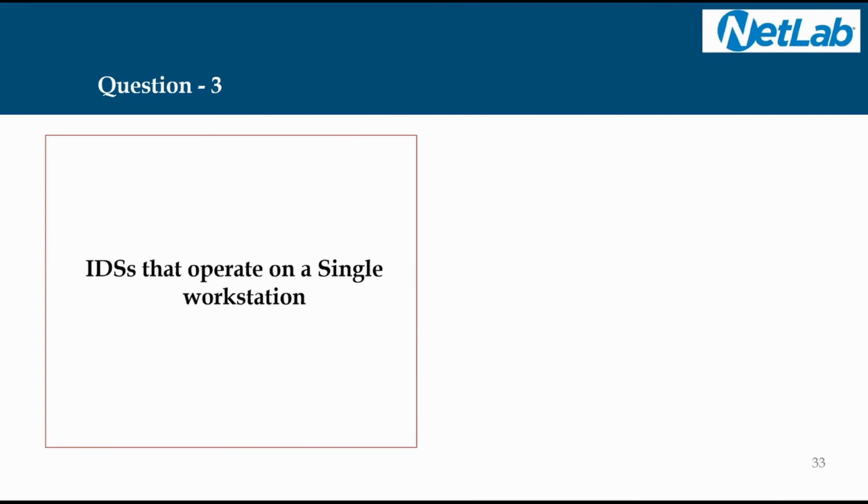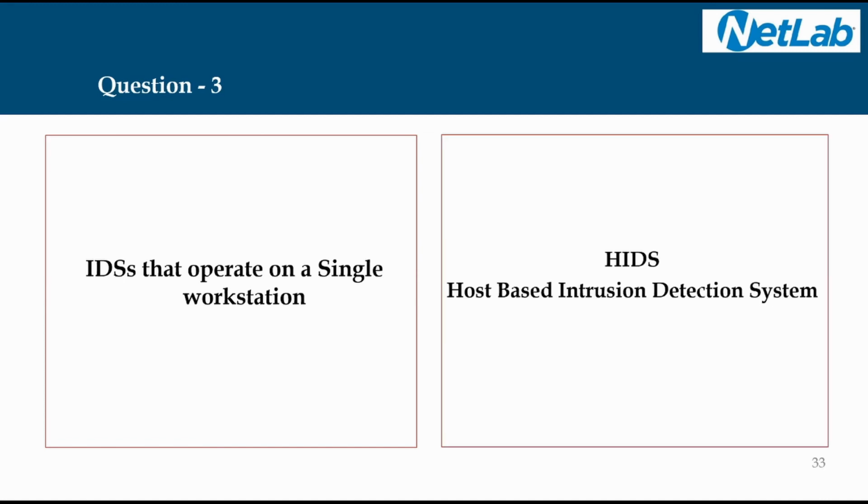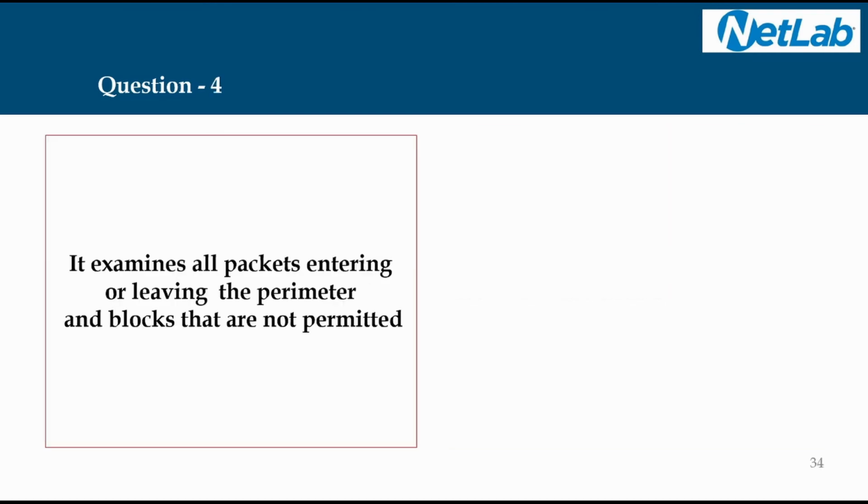Question number 3. IDS that operates on a single workstation is known as HIDS, host-based intrusion detection system. Question number 4. It examines all packets entering or leaving the perimeter and blocks those that are not permitted.